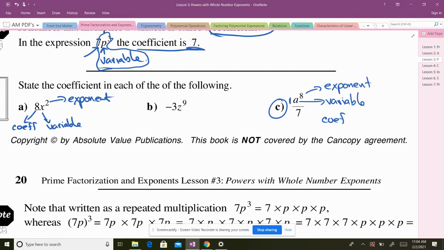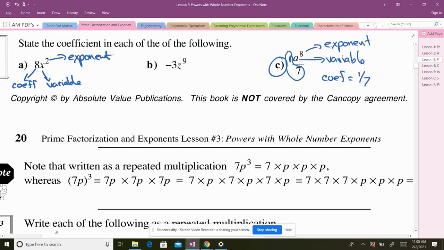It's 1 over 7. If you see a little line, like 2/3, as a fraction, it also means 2 divided by 3. So 1/7 is your coefficient.